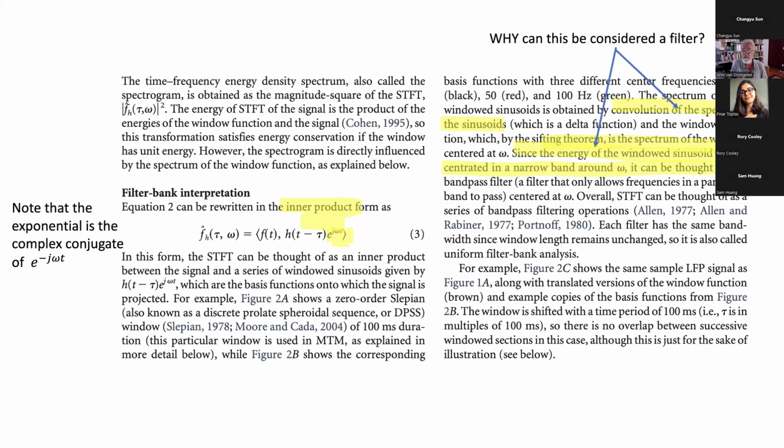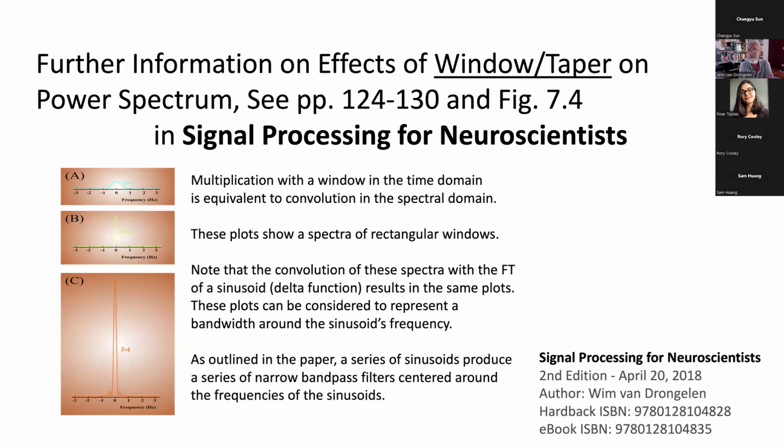Here it is just the other way around. We multiply the time domain with the window, and then we basically get the convolution of that window with a particular frequency of a sinusoidal wave.